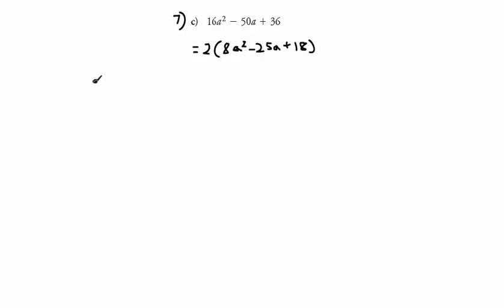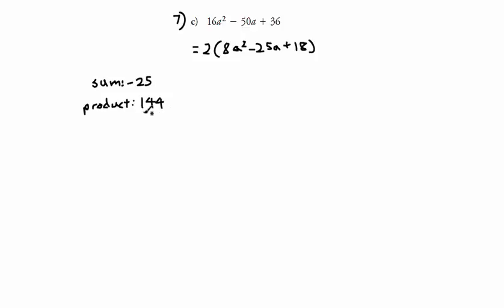Okay, so we need two numbers whose sum is minus 25 and whose product is equal to 8 times 18, which is 144. Now 144 is a pretty big number, and there are a lot of possibilities that work, and we have to make it so that the sum is also minus 25.